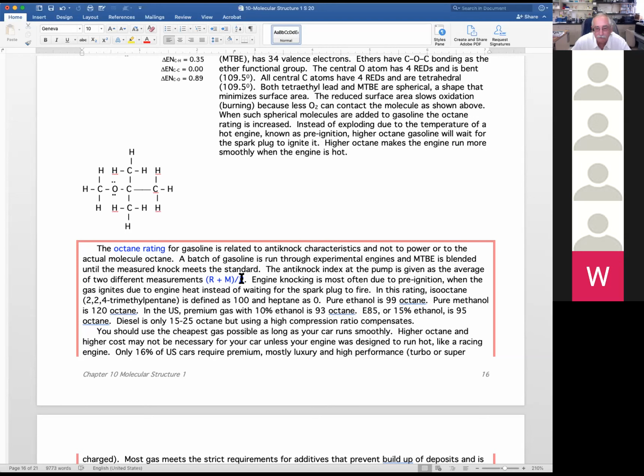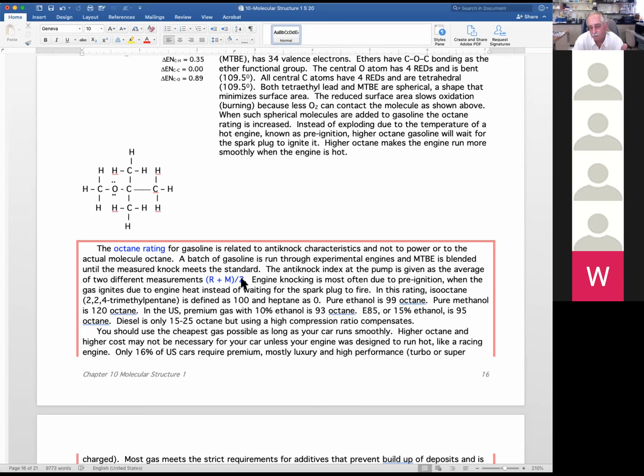They take the average, and it's simply to do with engine knocking. So if your engine runs hot, if it's a race engine, if it's some kind of high performance engine, you need high octane because it's hot and you will get pre-ignition. But if your engine is not running hot, then you should use the cheapest fuel that you can in there. Otherwise, you're just throwing away money.